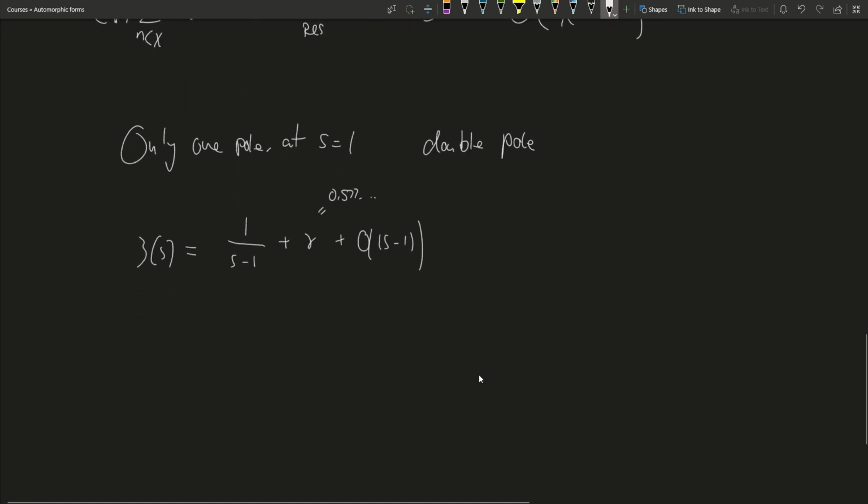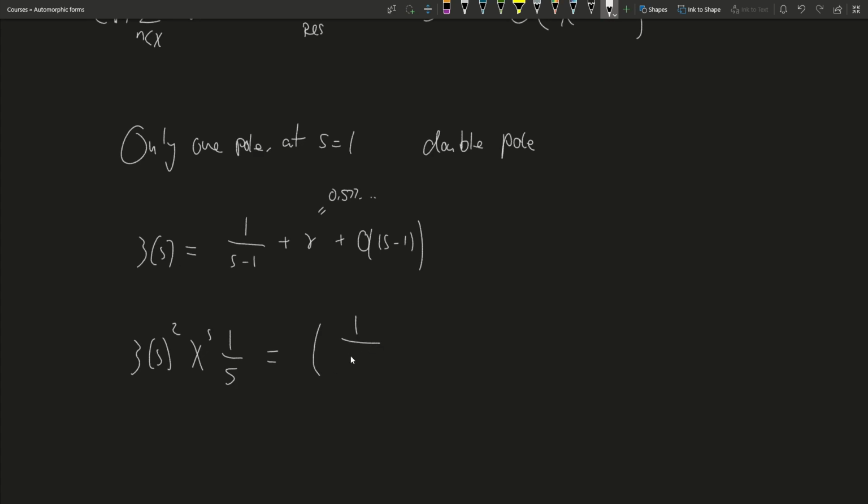So if we want to know what the a sub minus 1 coefficient in the Laurent expansion of our product, zeta of s squared times x to the s times 1 over s, is, well, let's replace each of these by their Laurent series.